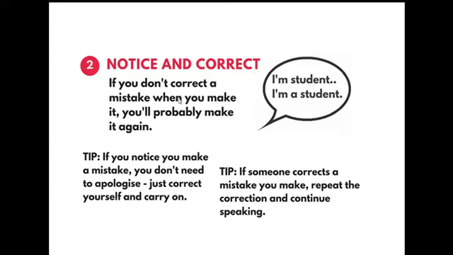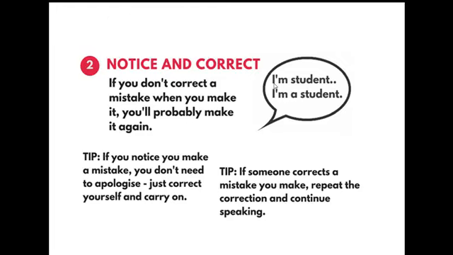So if you don't correct a mistake when you make it, you will probably make it again. And this goes not only for your speaking part, but also for your listening, your reading, and your writing. Why? Because if you will keep making the mistakes, if you will not correct your mistakes, you will definitely make those mistakes in your future as well. Okay?